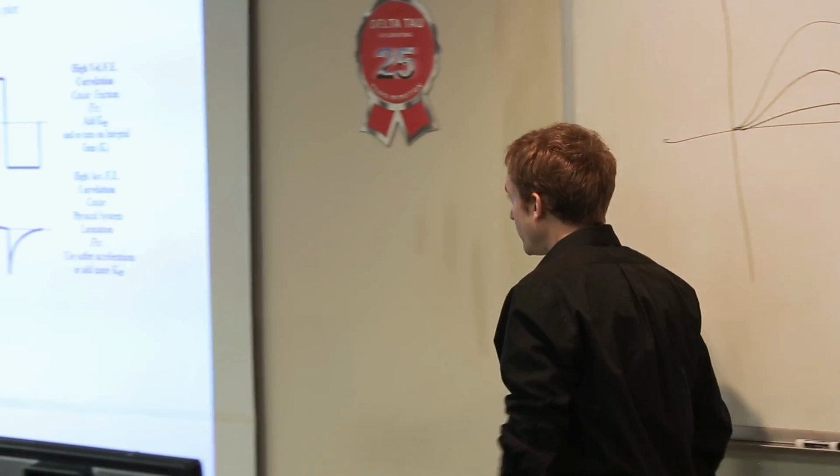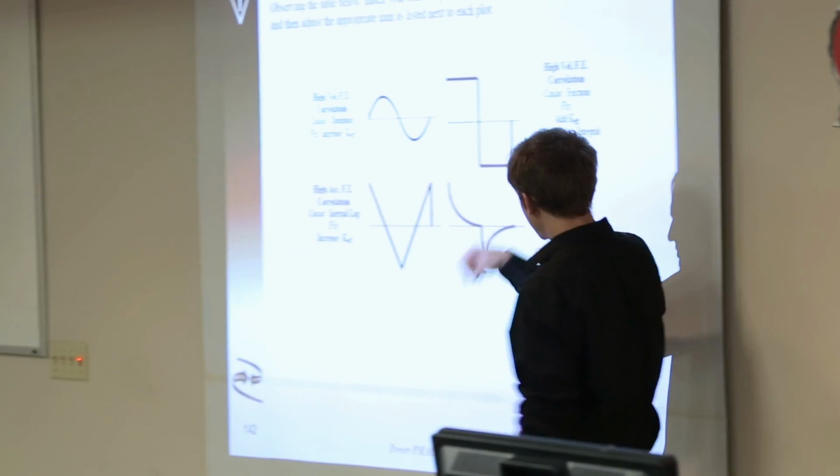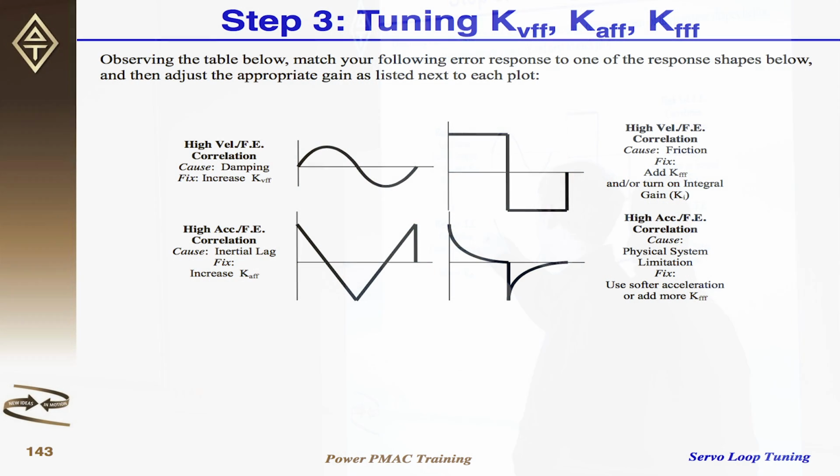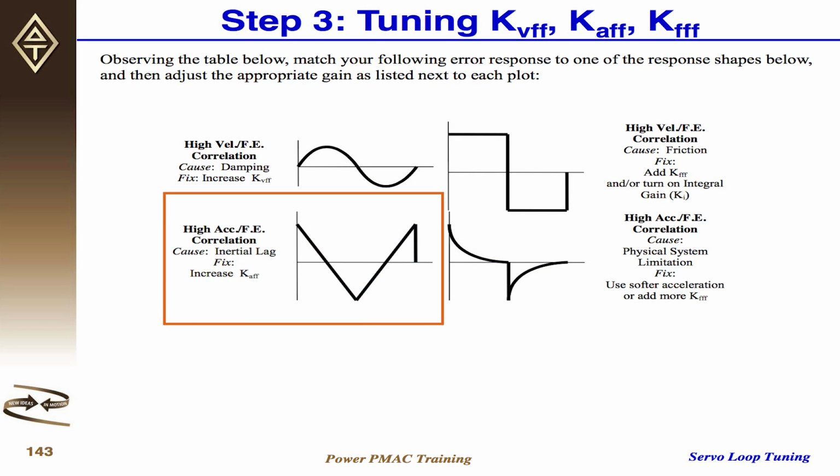If you see that your following error is highly correlated with acceleration, in other words, your following error looks like a downward pointing triangle also, you have some inertial lag in your system, and you need to increase kAFF to get rid of that.